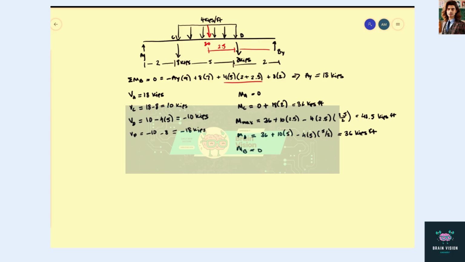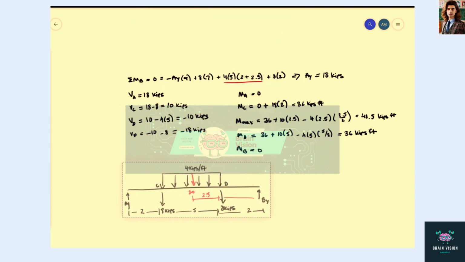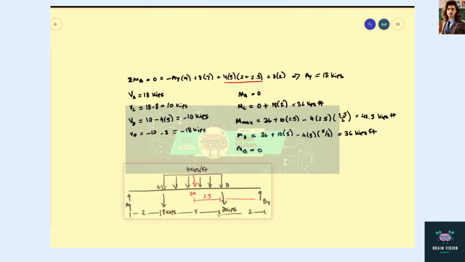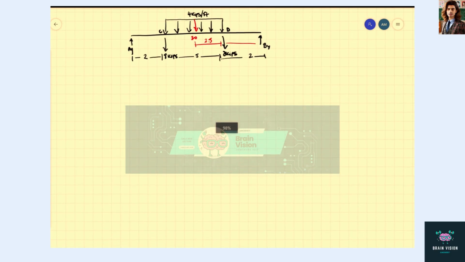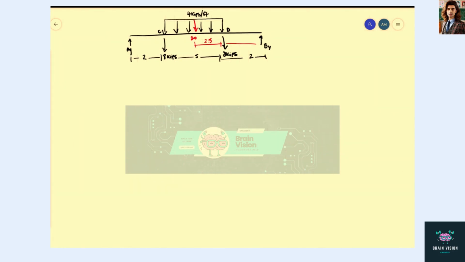So now I'm just going to copy this and move it over so that we can do our shear force and bending moment diagram. We're pretty much just plotting the values we had just calculated.